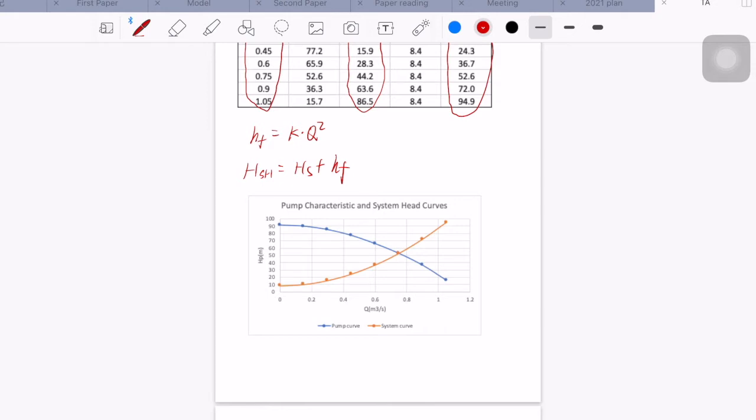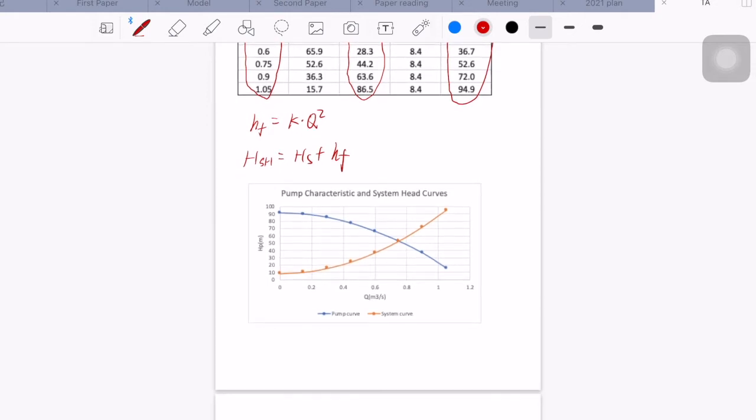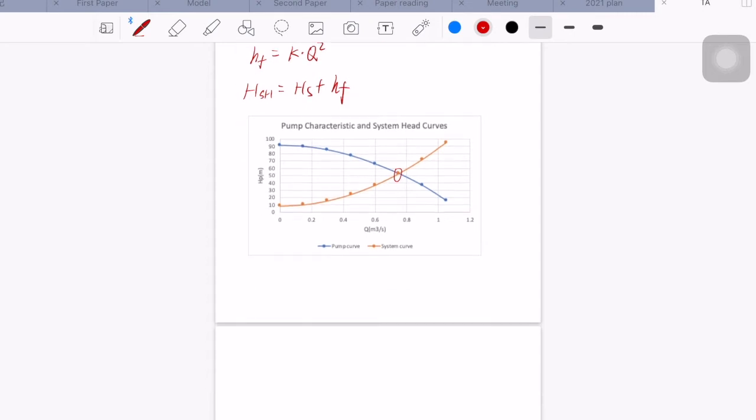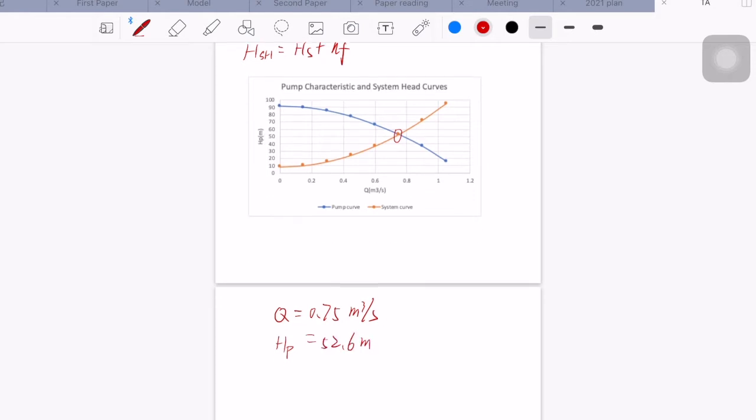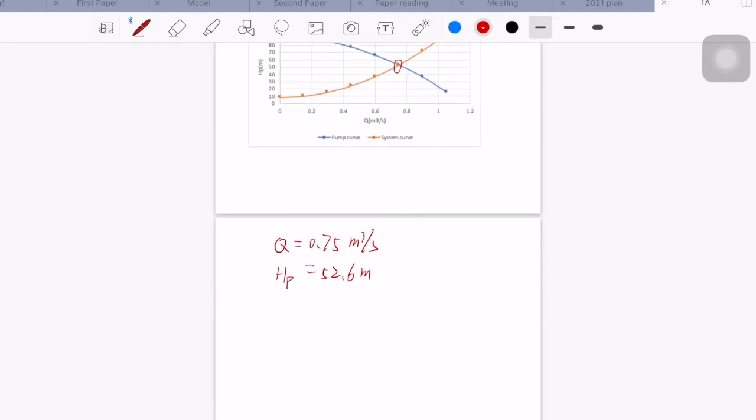And we can find that the intersection of the pump characteristic curve and the system curve is at the Q equals 0.75 cubic meter per second, and the HP, the required pump head, equals 52.6 meter.